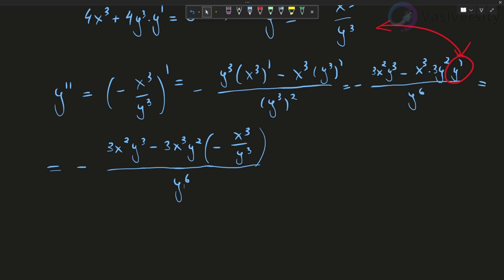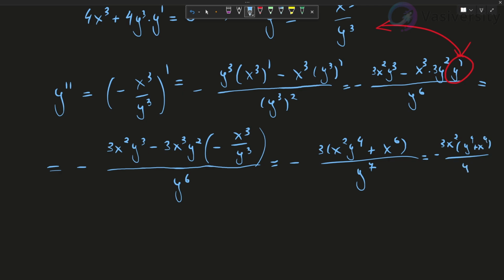Okay, so if we go ahead and simplify, first of all, we can factor out the 3. We can simplify some things. So we're going to have negative 3x squared times (y to the 4 plus x to the 4) all over y to the 7.